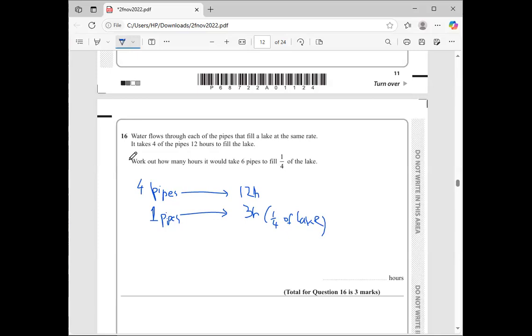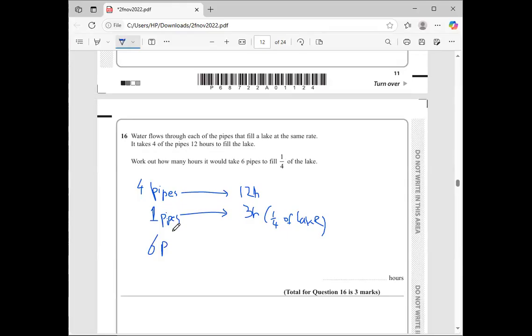Okay, so now let's look at the second scenario. It says how many hours will it take 6 pipes to fill a quarter of the lake? Now, if 1 pipe takes 3 hours, 6 pipes will take a shorter time. Do you agree with that? Yes. Okay, so let me see if I can write it like this.